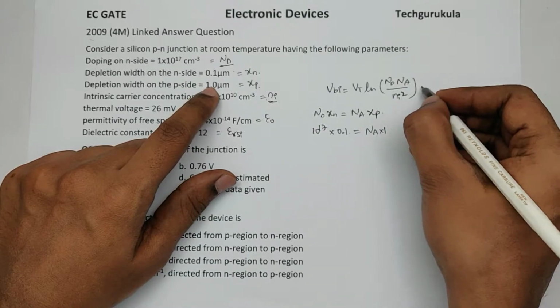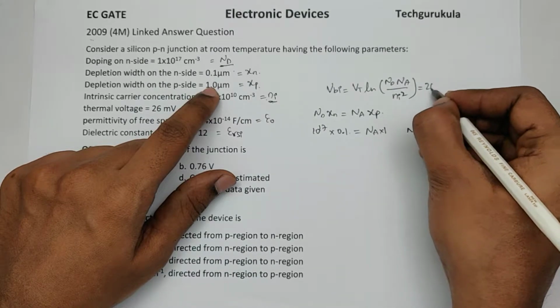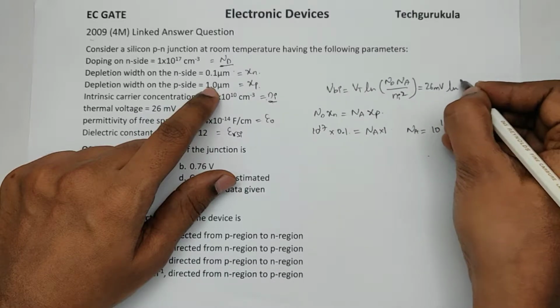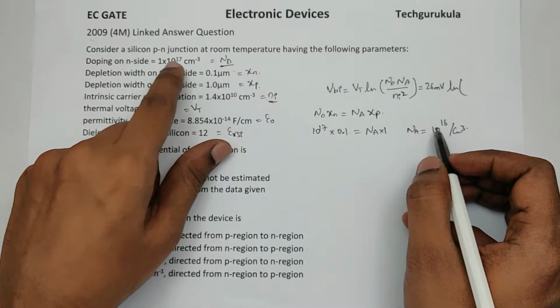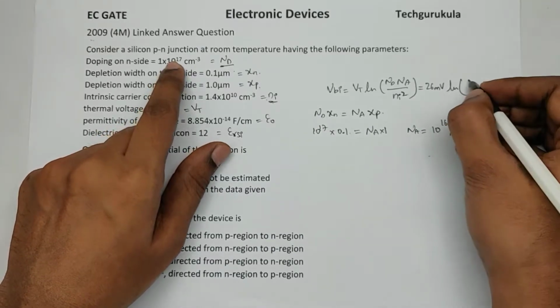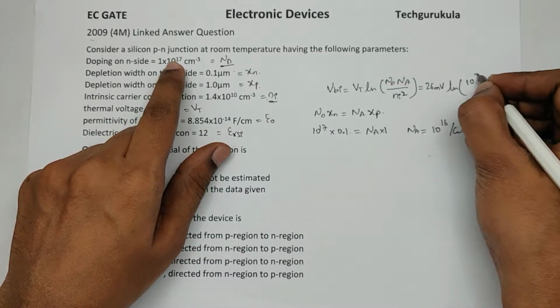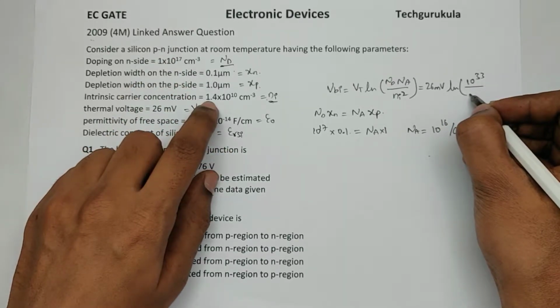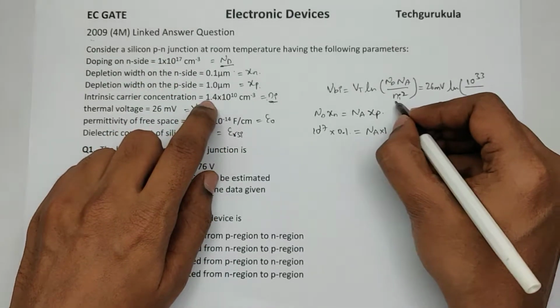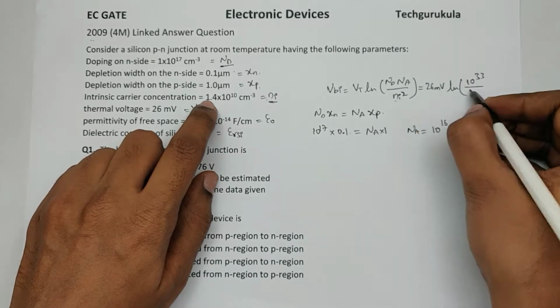So if we substitute those values here, we get 26 millivolts times ln of Nd and Na. Nd is 10 power 17, Na is 10 power 16, which is 10 power 33, divided by 1.4 times 10 power 10 whole square, Ni square.